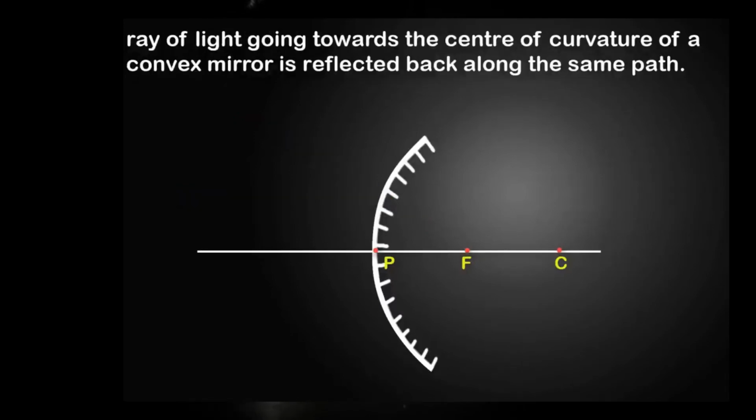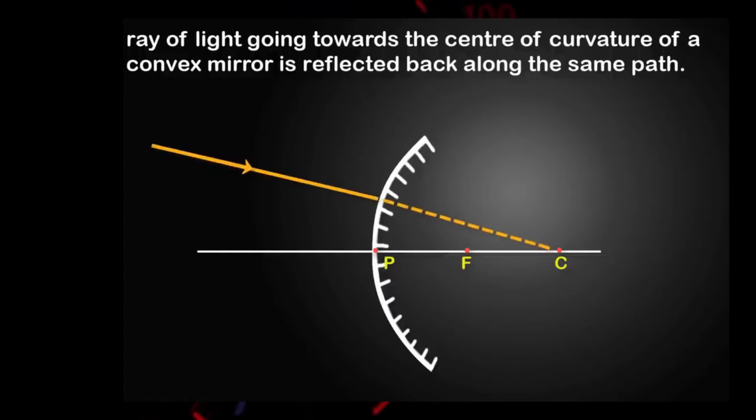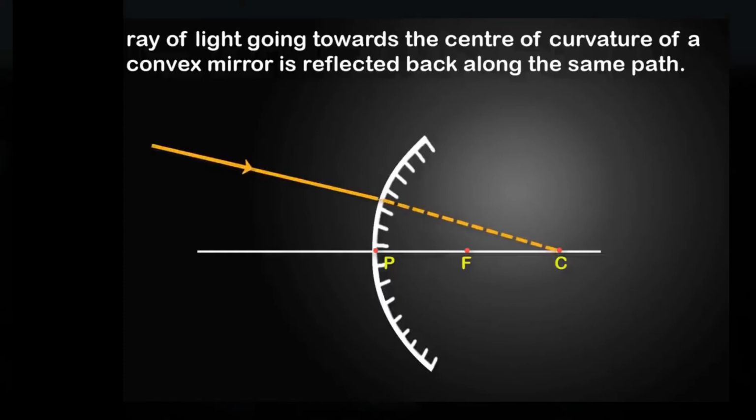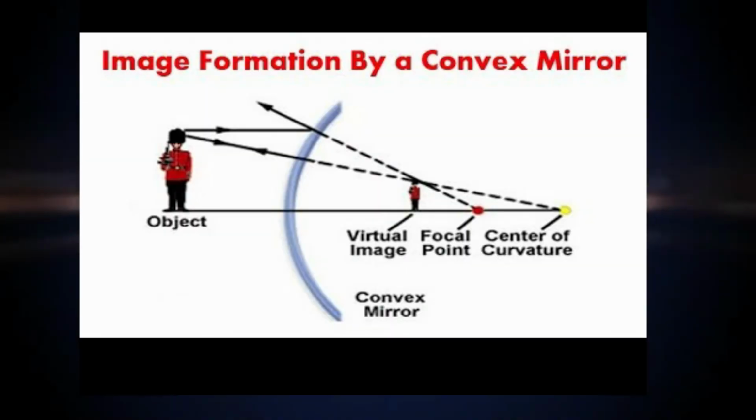Any incident ray passing through the center of curvature on the way to the mirror will travel on its own path upon reflection.